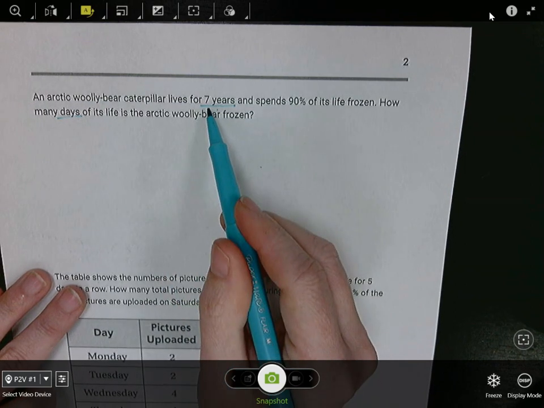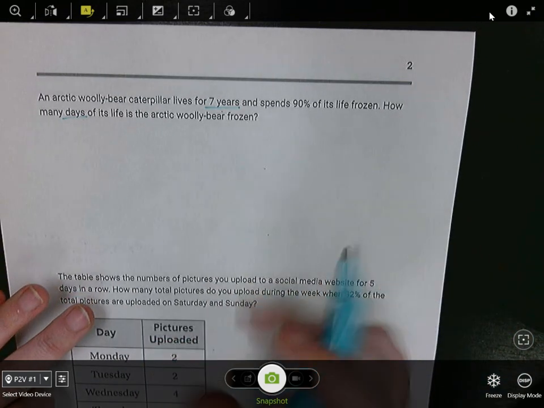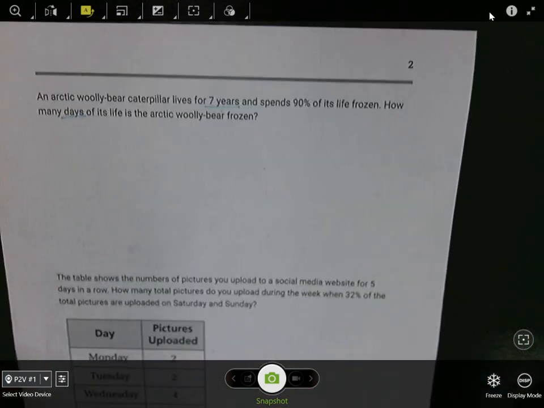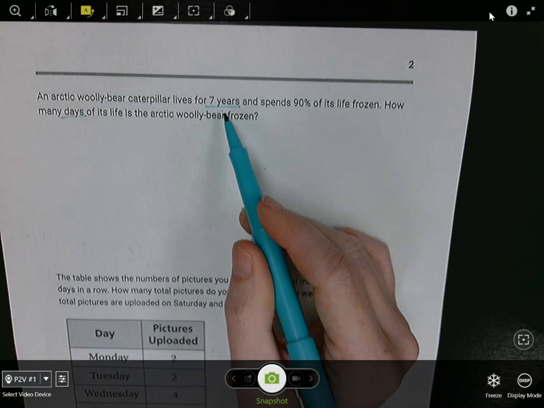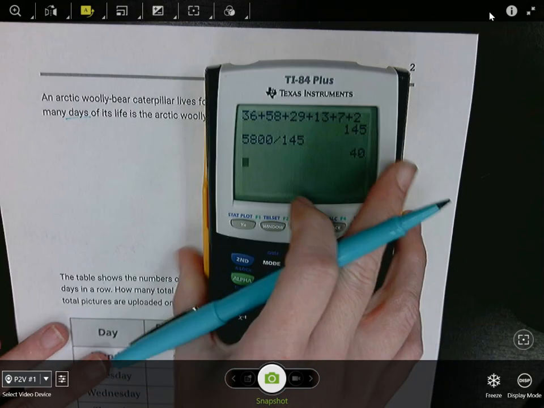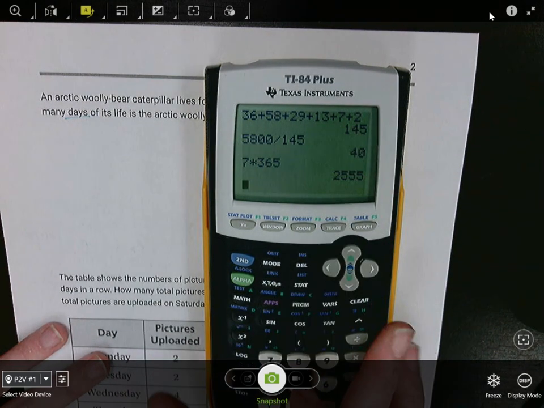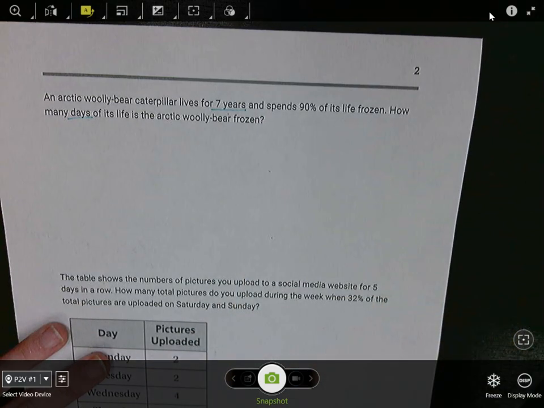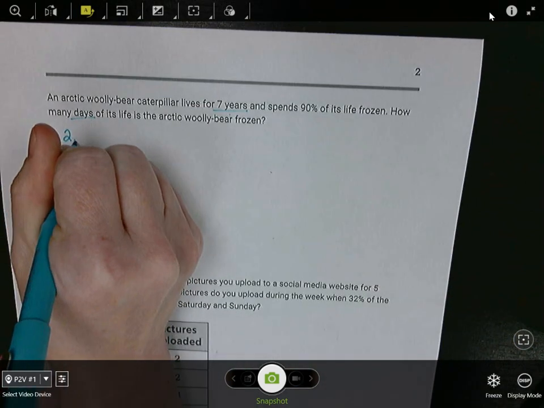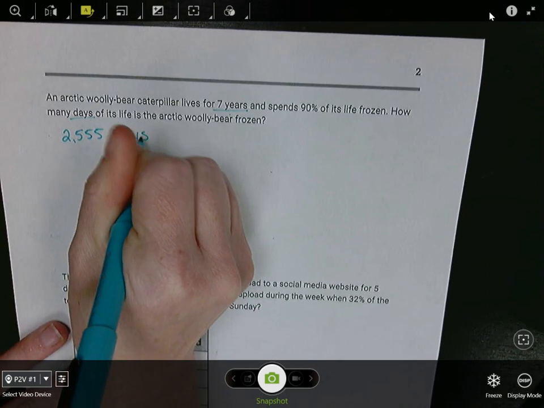There's 365 days in a year, and we're not going to include leap years. Let's assume every year is 365 days. So you would do 7 times 365, and you get 2,555. That's how many days are in 7 years.